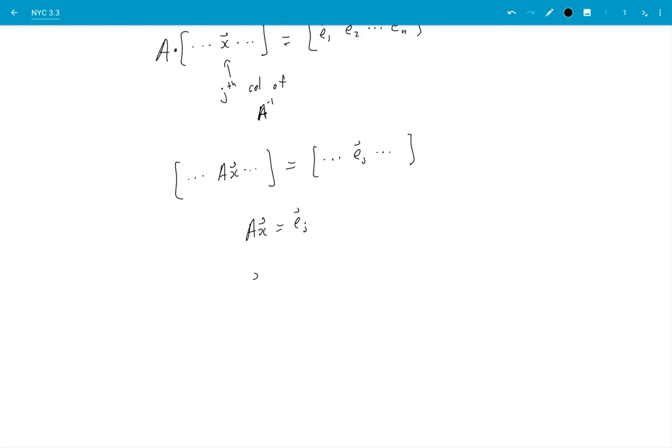Okay, so Cramer's rule says that xi is going to be determinant of A on the bottom. And then on top, you get A, I, and then remember you put the B there. So I did Cramer's rule.